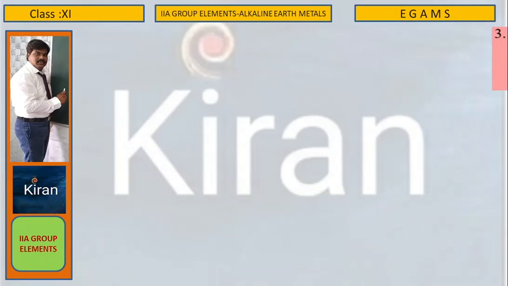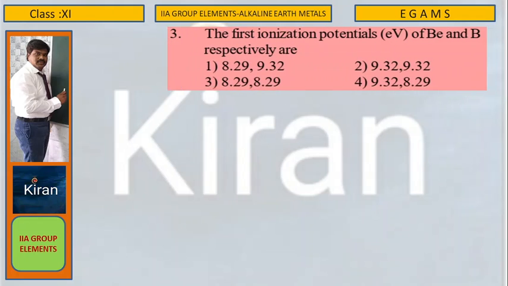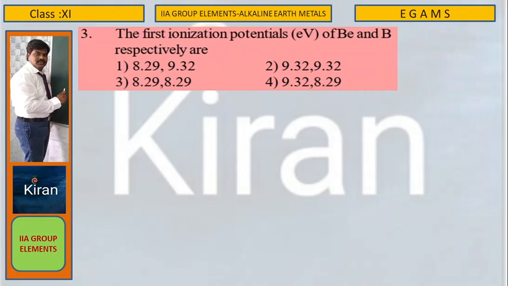The first ionization potentials of beryllium and boron respectively are, when you compare beryllium and boron, which has the least and which has the high? Based upon the values, you can decide. The answer is the fourth option, 9.32 and 8.29. Beryllium has the higher ionization potential, that is 9.32. Boron has the lower ionization potential, that is 8.29.